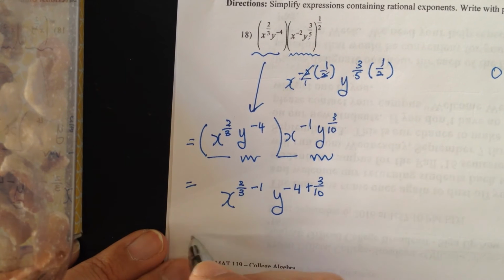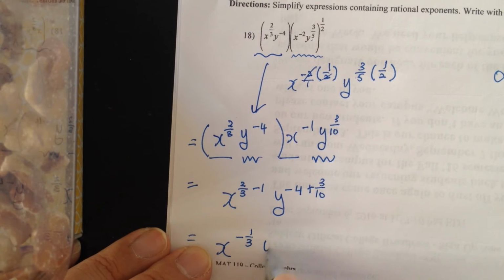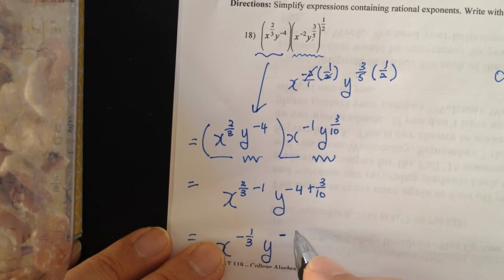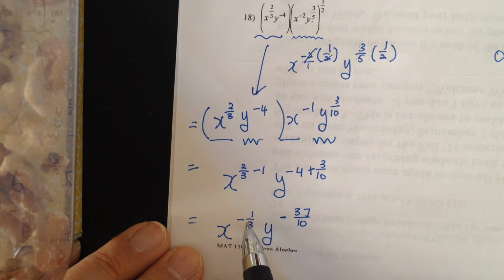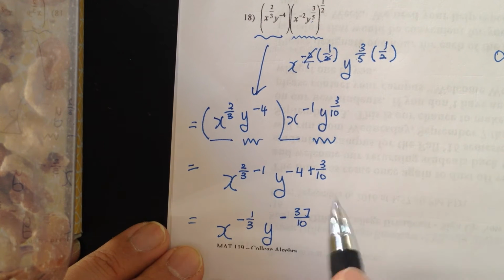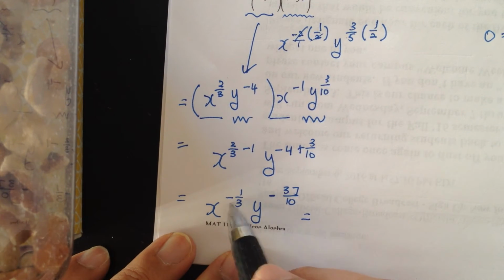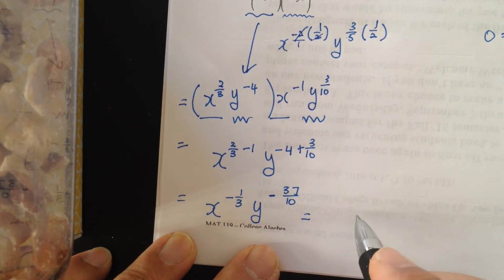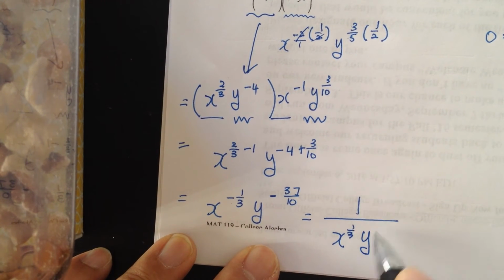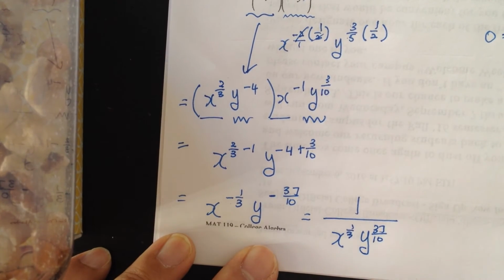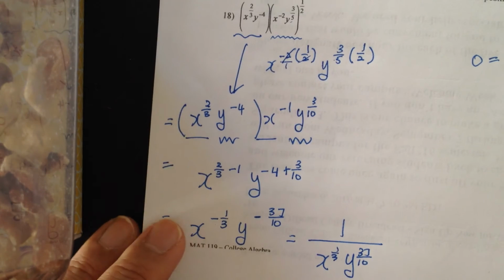And when you operate it, at the end we're going to get -1/3 here, -37/10. Since they both are negatives, as you can see, and we cannot use negative exponent, we have to put it in fraction. Okay, so that's the answer.